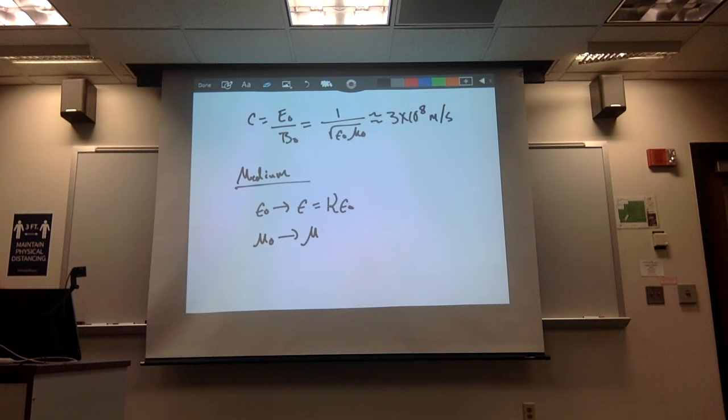I'm not going to say what it actually equals. But basically, inside of a medium, the velocity becomes equal to 1 over the square root of the permittivity times the permeability, which is always going to be less than the speed of light. So we'll talk more about why this actually happens later, but just something similar to this.